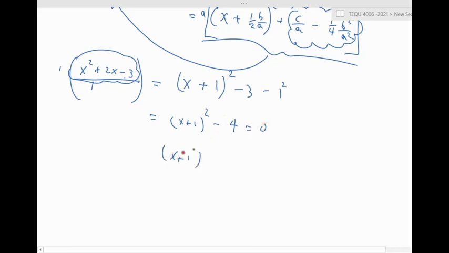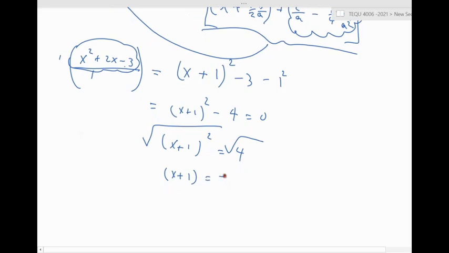If you want to find the root, meaning this is equal to 0, basically you will have (x plus 1) squared equal 4. If you take the square root on both sides, and remember this is plus or minus, it ends up being plus or minus the square root of 4, that's 2.